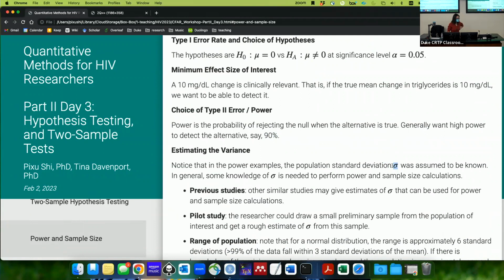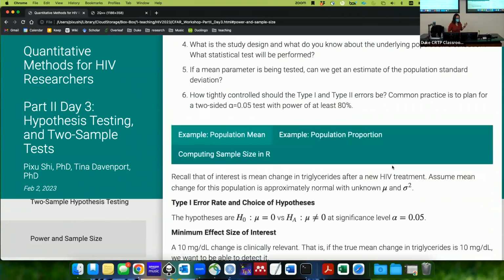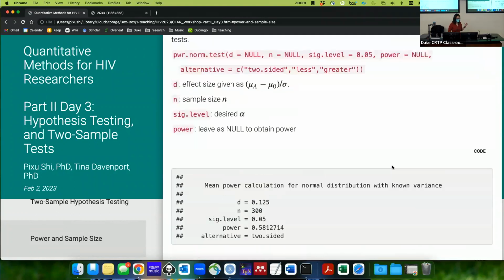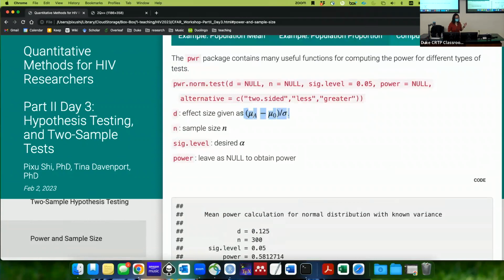So what I have seen is that when you state the effect size in your proposal, you actually state it in terms of the standardized effect size. So in order to detect a standardized effect size of what, if you state it that way, you are actually using this as your effect size.